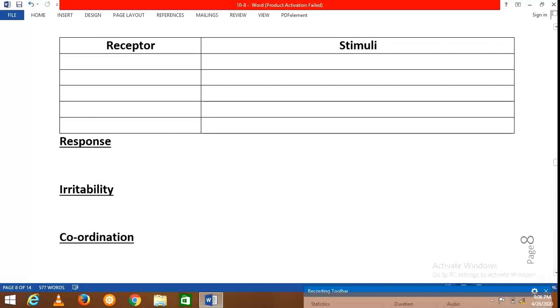Coordination is the communication between different organs during responding to a stimulus.